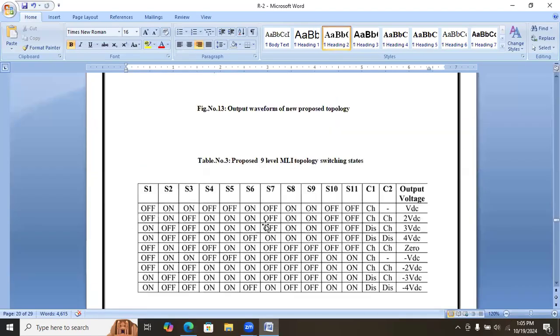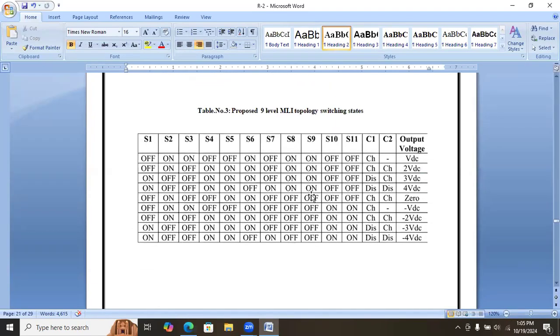And in this we have this switching table. According to the switching table, we will generate the levels.